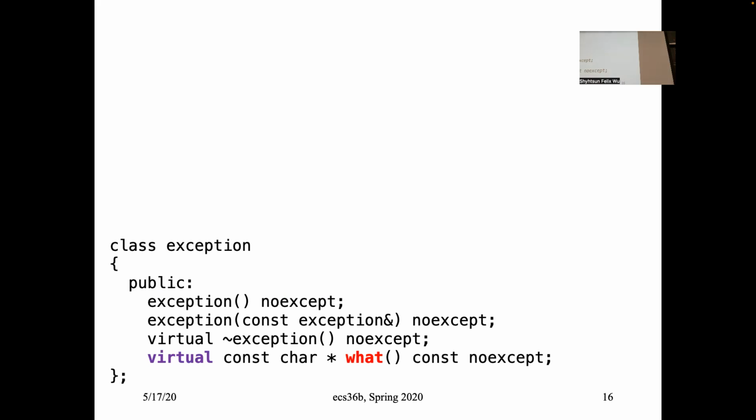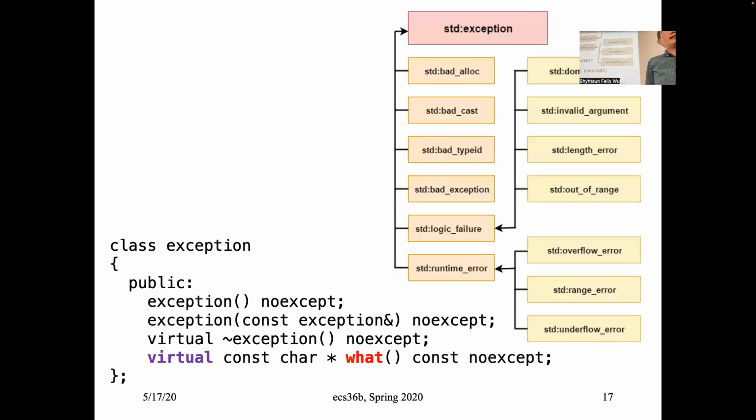The what function returns a message about this particular exception. So that's the format. And remember that this is virtual. Why is it virtual? Because I can inherit from this, so polymorphism essentially. Based on this, this is the class hierarchy. This is a class hierarchy.